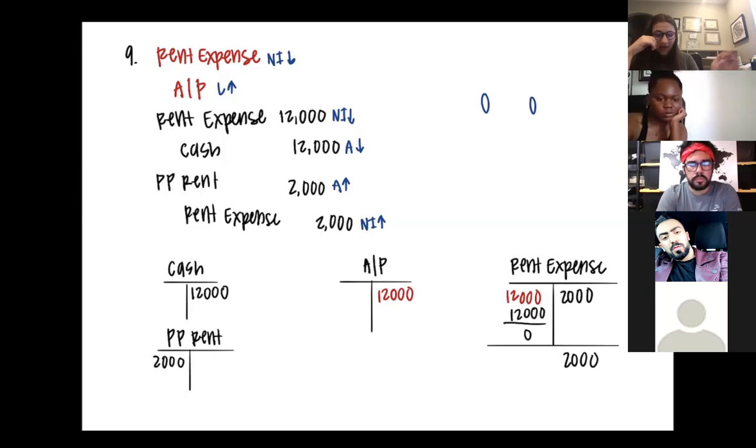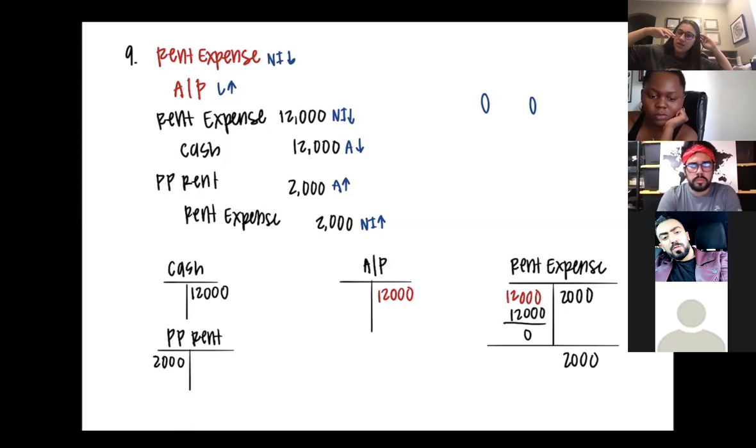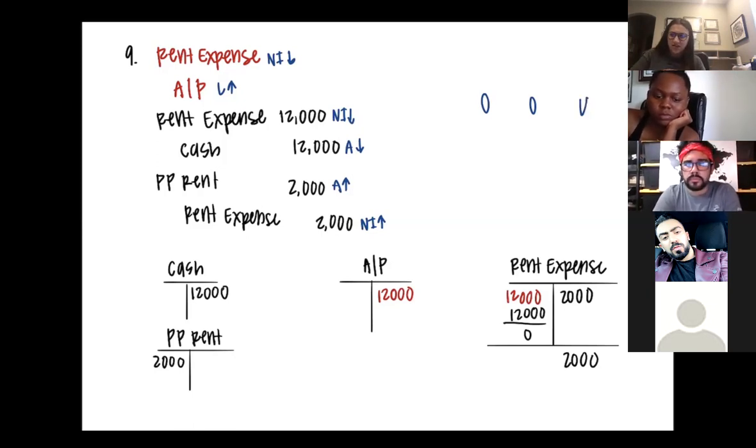Wait, hold on. If our rent expense was too much, we have to take some of our expenses away, which increases our net income. So it's understated. Is that correct? Understated. Yeah. Does that make sense?